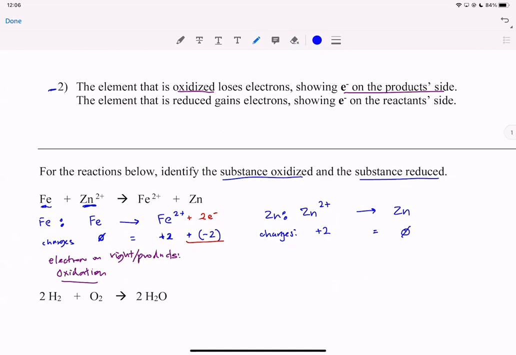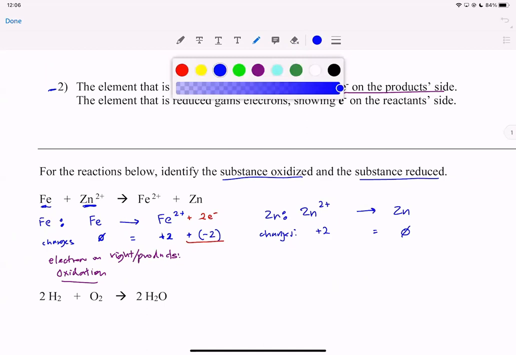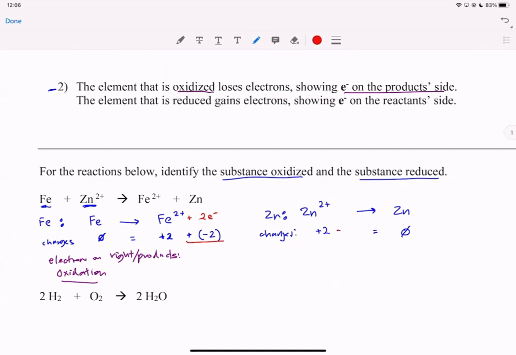To make this equal, you have to do the same thing where you add a -2 on the left side, because +2 minus 2 is the only way to get to 0. You can only add electrons to one side, and that's in order to balance your charges.